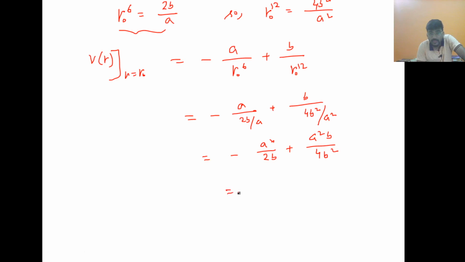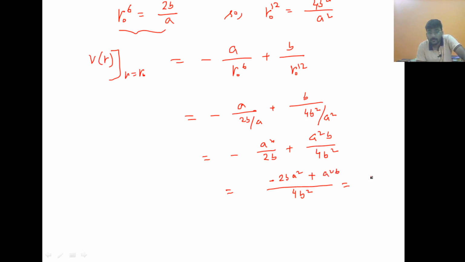So what will be the LCM? The LCM will be 4b square. So from here minus 2b square, and here plus a square b.